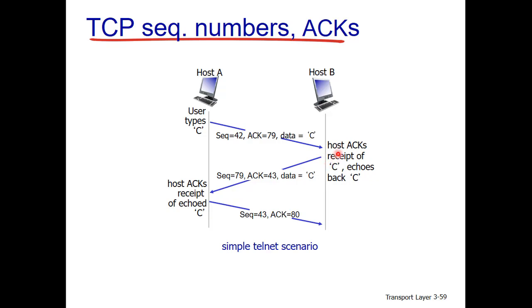Once host B sends data, it is not sending new data. What it received, it is just sending that data back. So the data remains the same, but host B sends it with a sequence number of 79, because this is the sequence number which host A is expecting, and it needs to acknowledge the sequence number 42.